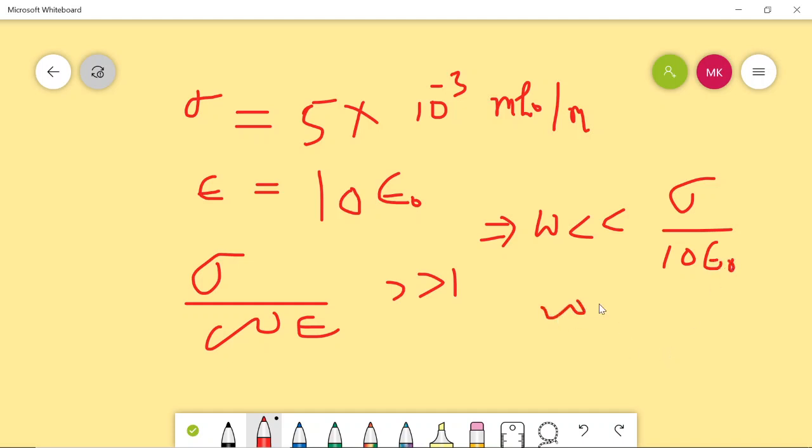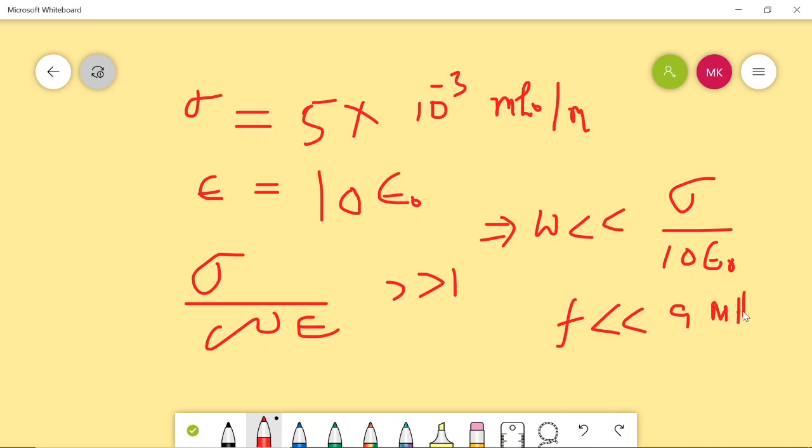When you put these values, I'm writing the f, f should be less than 900 kilohertz. Sorry, it should be 9 megahertz.